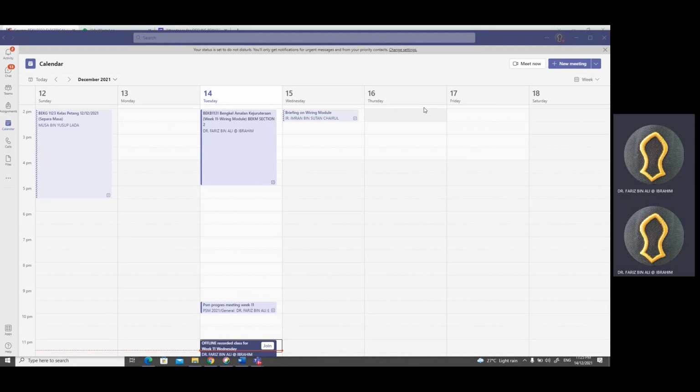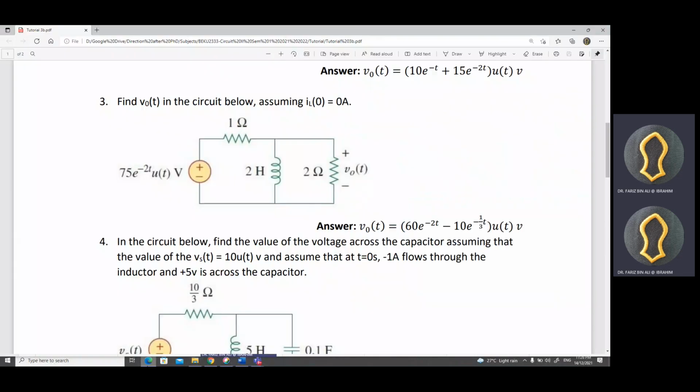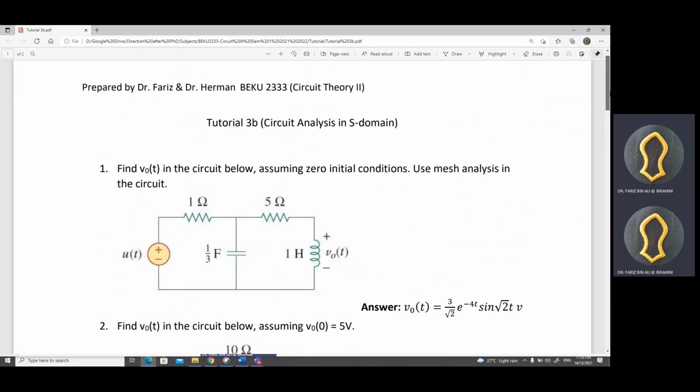After that, I want students to do the assignment. I already opened the link in ULearn where you have to submit by 15 December, the assignment regarding chapter 3, Laplace. What you have to do is listen to the video recording that I'm doing right now and try to understand.